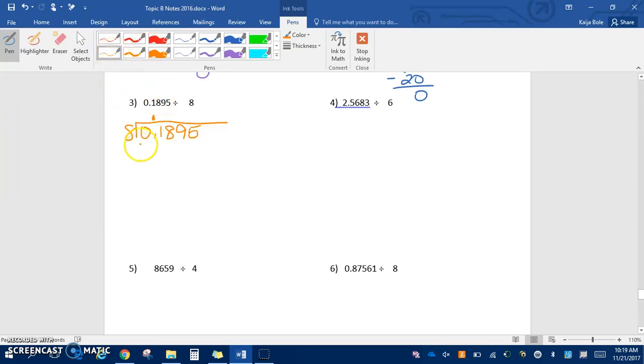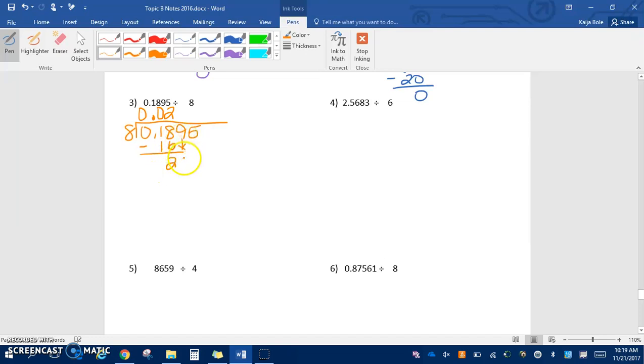We know that 0 groups of 8 go into 0, so we put a 0 here. Now the 1, 0 groups of 8 go into 1 as well. So we move on to 18. 2 groups of 8 go into 18, so we subtract 16 and are left with 2.